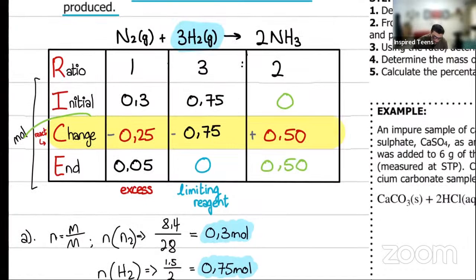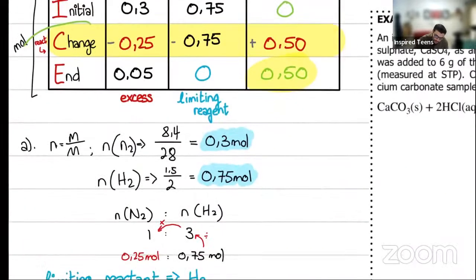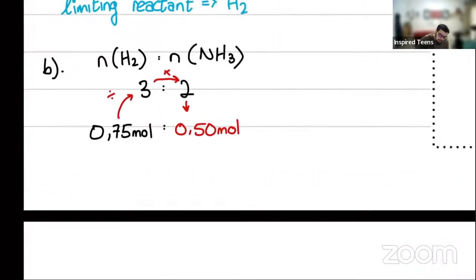What do they want? They want the mass of ammonia that can be produced. We just calculated the moles of ammonia that is produced. So we now basically need to convert this moles using n is equal to m over M. This is for the ammonia, NH3. Okay.